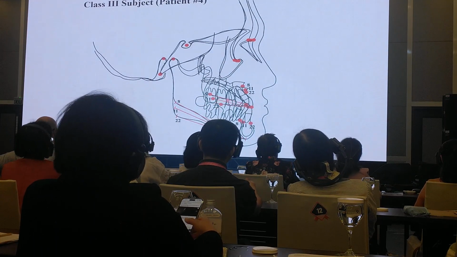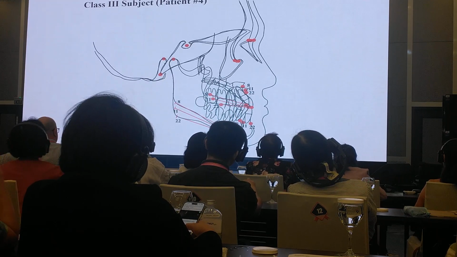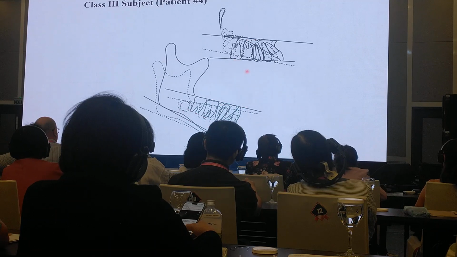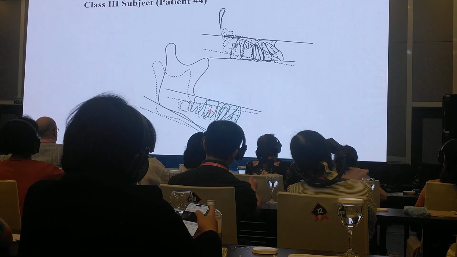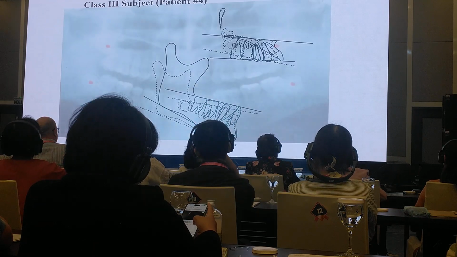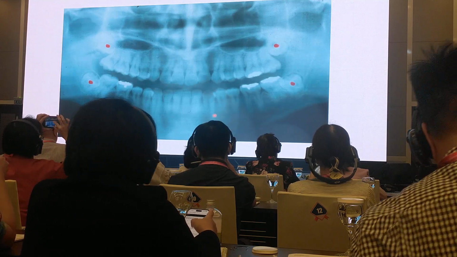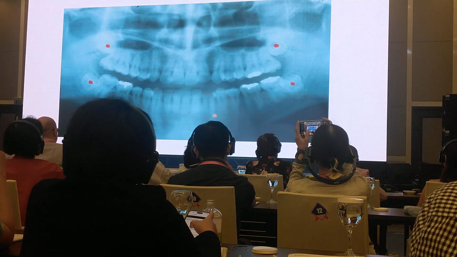That's clear. This is the cause. Yeah, very much deep, flattening, closer, then the mandible rotates forward. This is upper, lower. Of course, this is necessary. He wanted to correct.